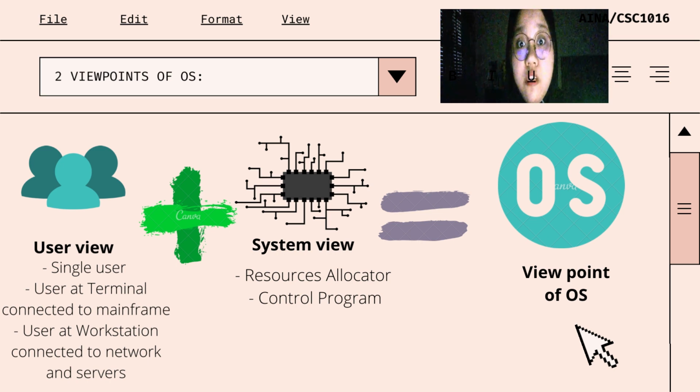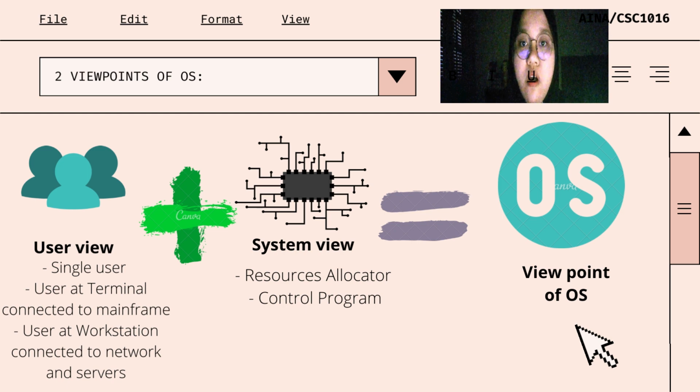Meanwhile, for the user at a terminal connected to a mainframe, other users are accessing the same computer through other terminals, so it is to maximize resource utilization.